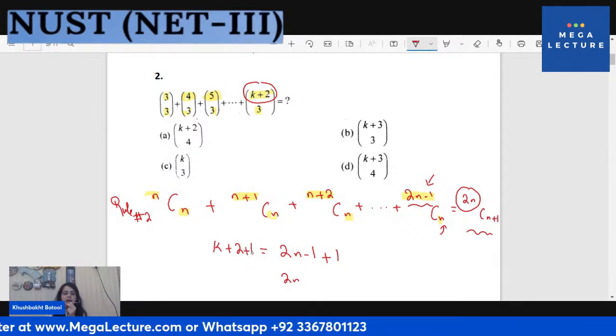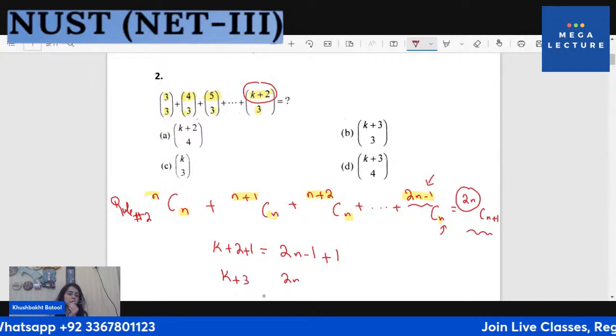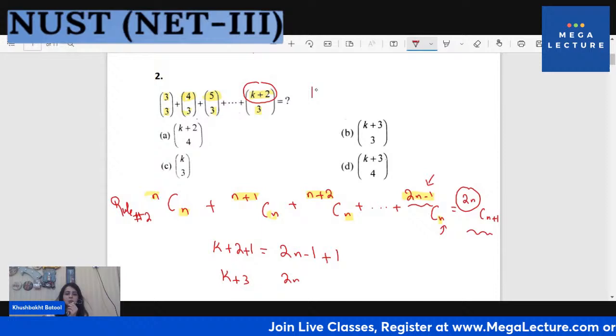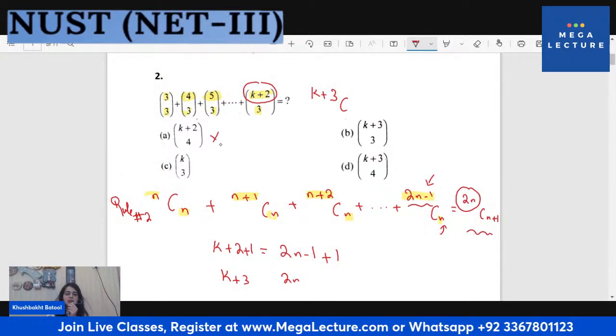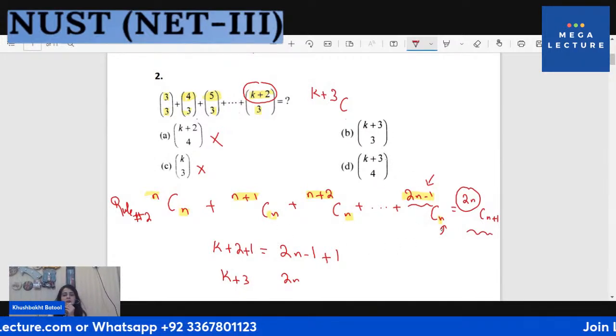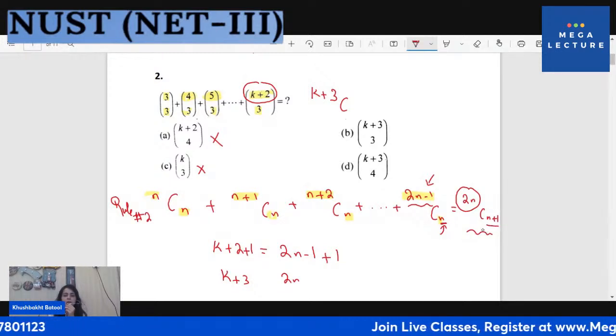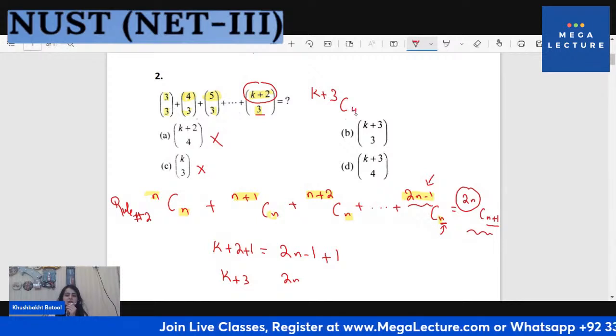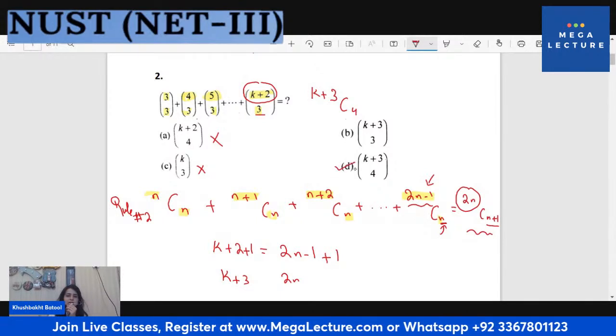So I'll be adding 1 here as well and it would give me k plus 3. So one thing is clear, for the final answer, in this case, I would be having k plus 3 C something. So A cannot be the answer, C cannot be the answer. And what about the other part? For the other part, we are also adding 1 here, like this is n and now it is n plus 1. So here it is 3, it would become 3 plus 1, that is 4. So the answer is going to be D in this case.